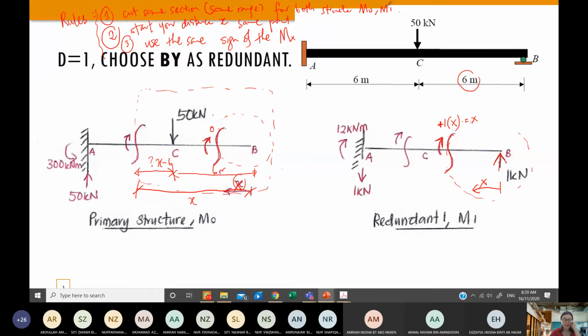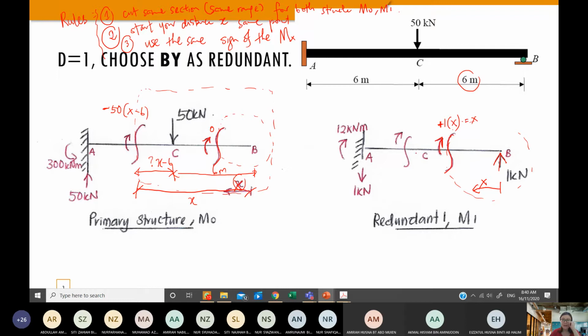You need to calculate this quickly. Now my moment here will be the load 50, and the distance is X minus 6. It is acting in the same direction, so I have a negative sign for this moment.